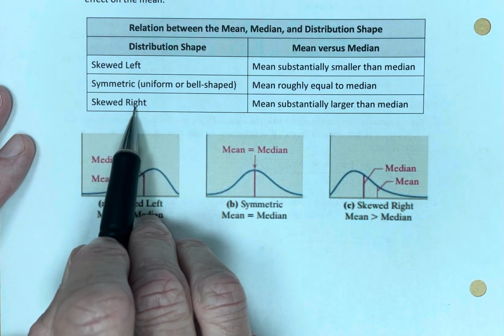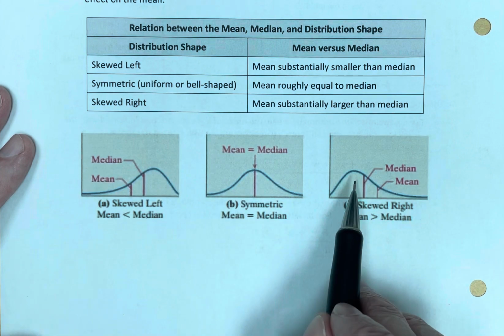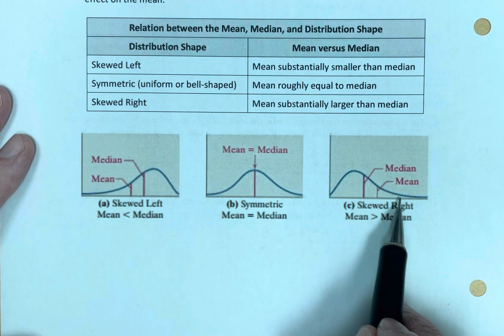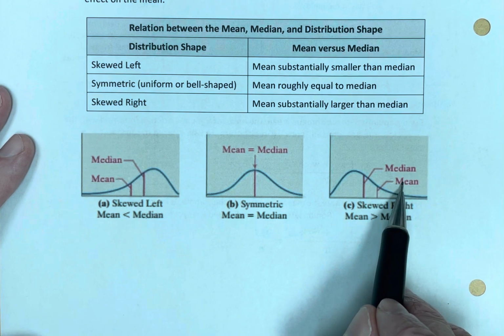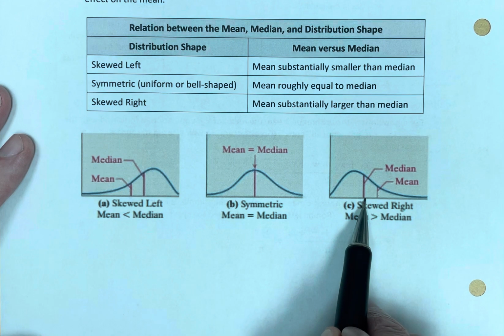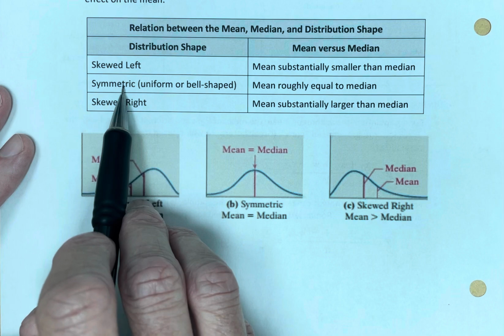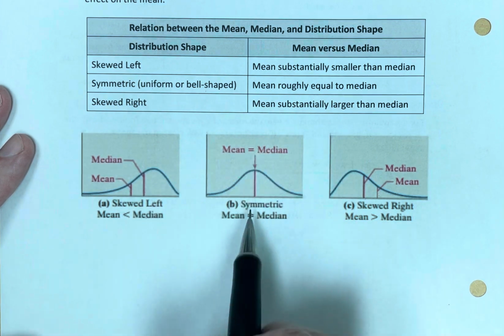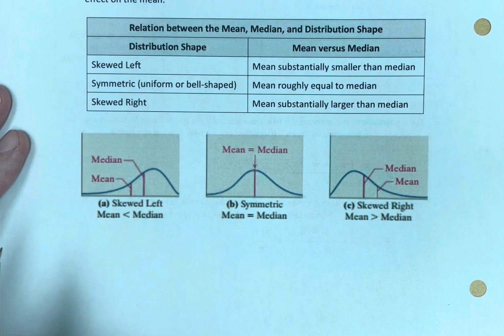If it's skewed right, the opposite happens. Remember, skewed right, the tail goes off to the right. The mean is going to go with it, and it will therefore be larger than the median. Finally, if it's symmetric, and again, we know uniform, but we're going to be focused on bell-shaped, the mean and the median are roughly equal to one another, and you could use either.